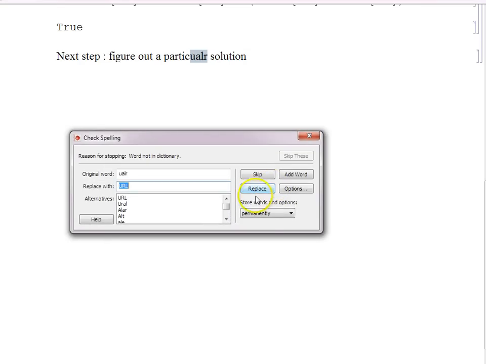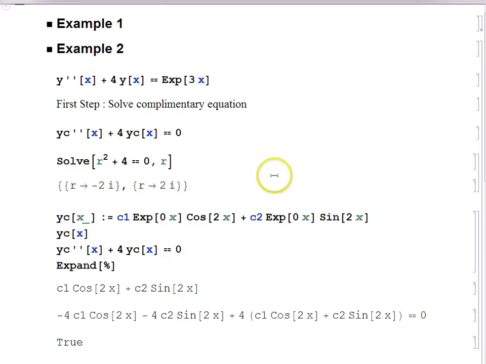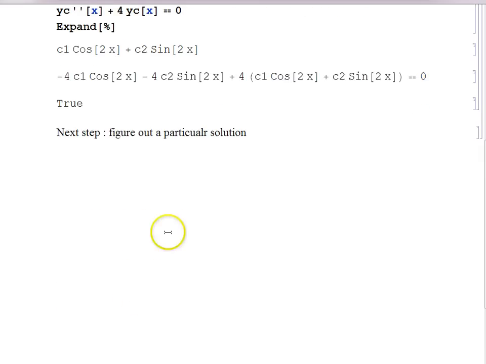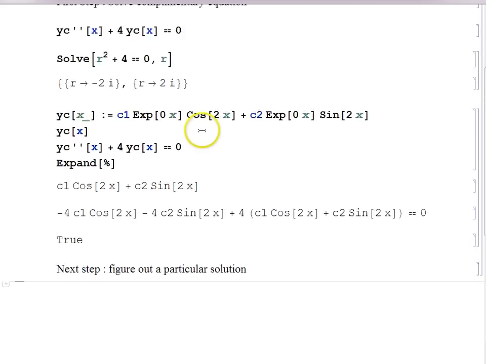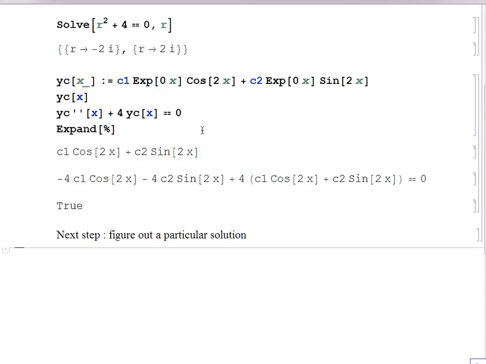And maybe even spell particular correct. It never does what I want on that. Particular. There we go. Nice. All right. Well, let's guess the following. Let's guess yp of x equals what?